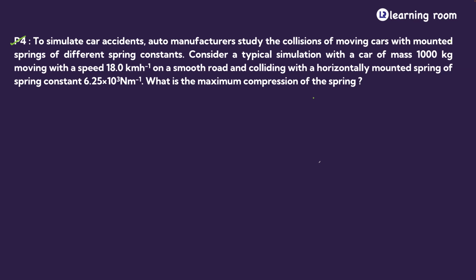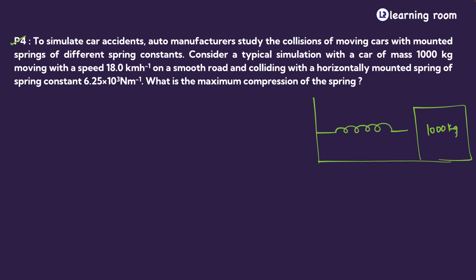In the sense, let's say there is a spring like this, right? So what they will do is they will try to replace these springs with different spring constants. There is a car with a mass of 1000 kilogram moving with a speed of 18 kilometer per hour, right?